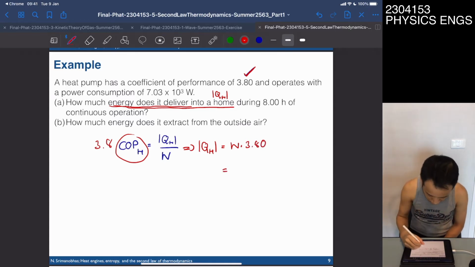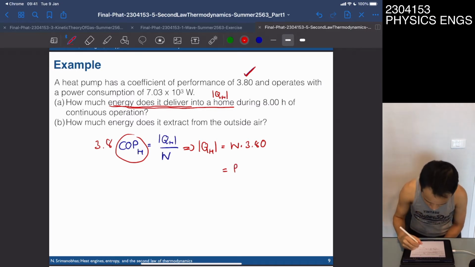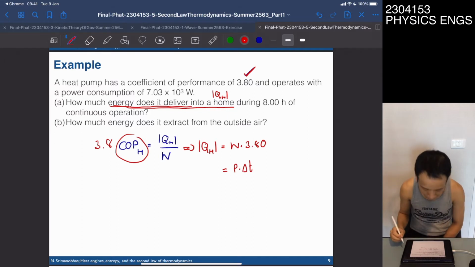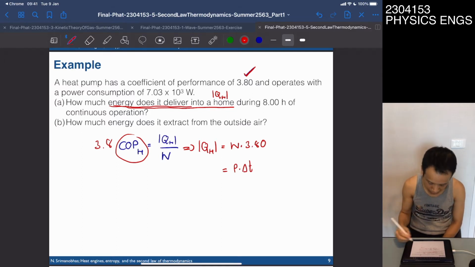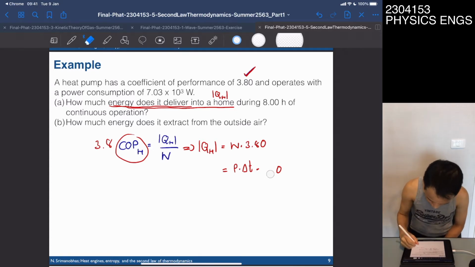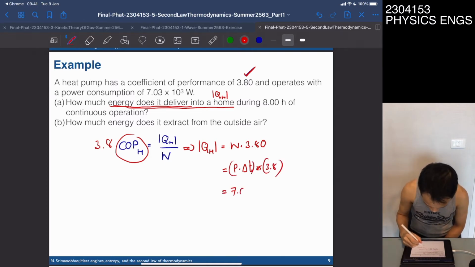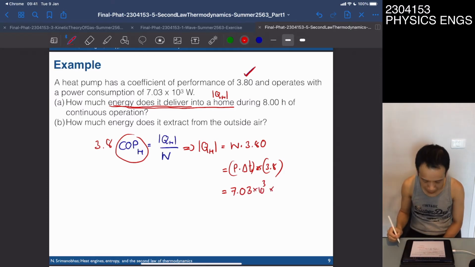W is the work done, which is the power times the time, times 3.8. Sorry, not 38. So you put in 7.03 times 10 to the 3, and the watt is joules per second, so you convert the time to seconds.